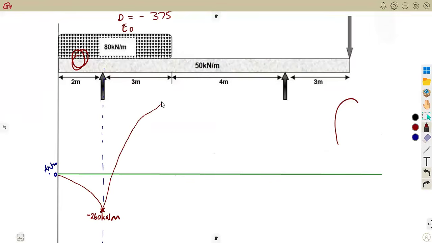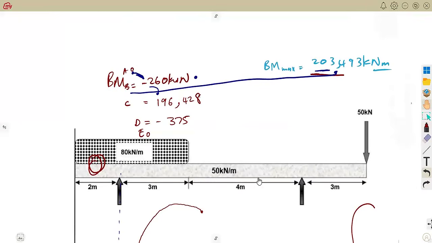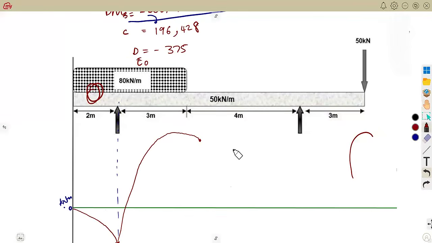We do not know exactly where that maximum value is going to be. Sorry guys, here I just need to have something like this. Then it has to go back to the point C, 196,428. All right. That is what we have.